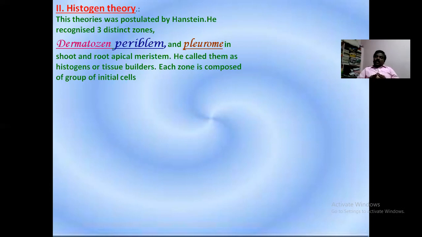These histogens are produced by different parts of the plant body. Hornstein called them histogens, or tissue builders, in shoot and root apical meristems. Each zone is composed of a group of initial cells.